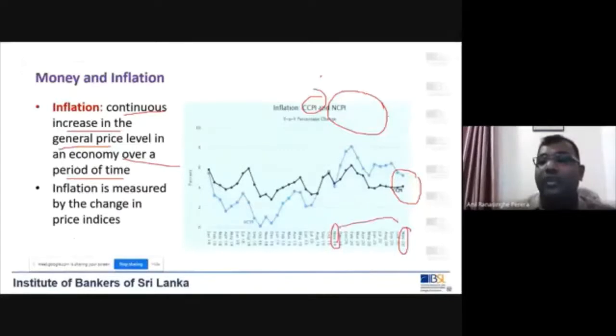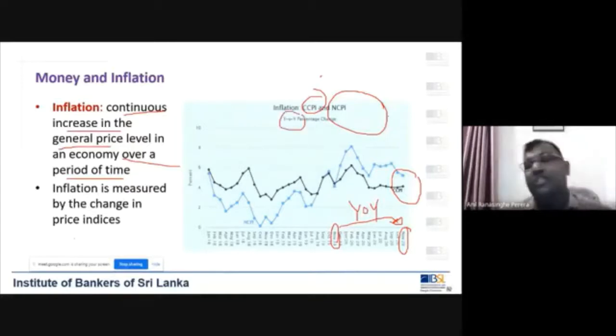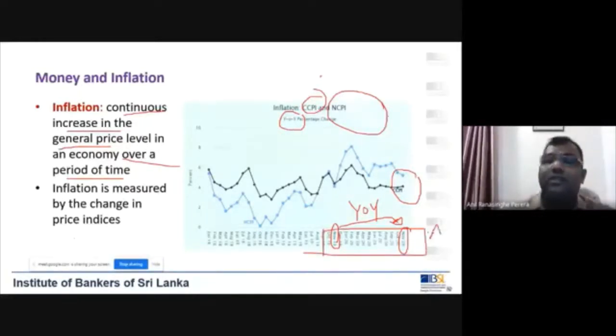So you call it year-on-year, YOY. YOY percentage change means year-on-year. Sometimes you call it point to point. Sometimes you can calculate the average for the entire period, so you call it annual average inflation. Likewise, in any way, you can see how the prices are moving.